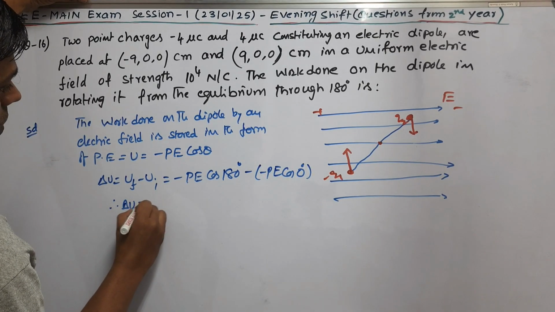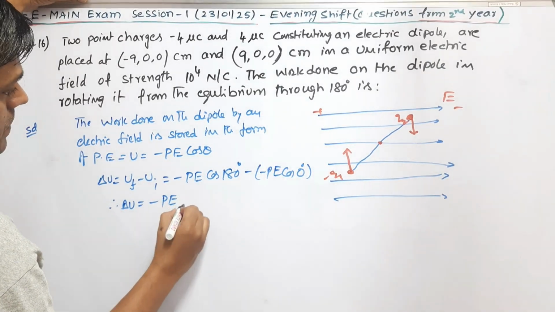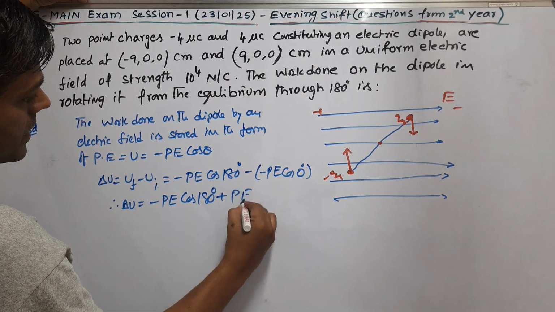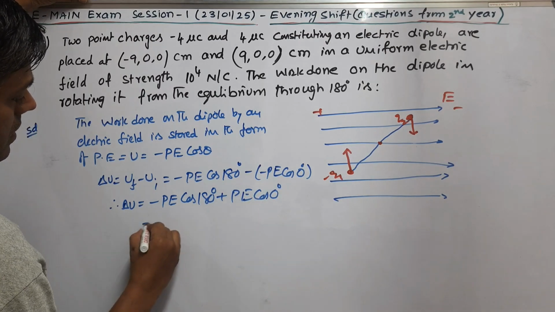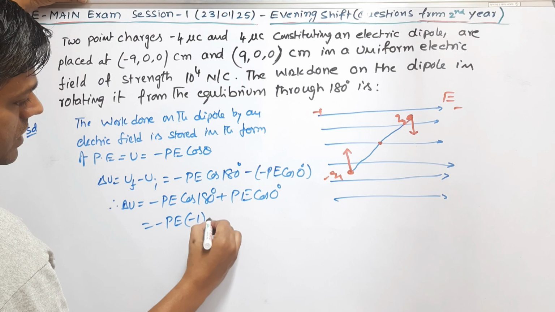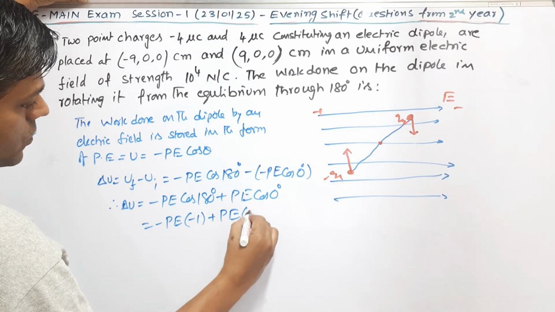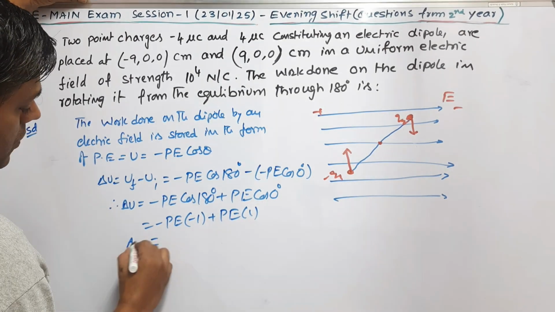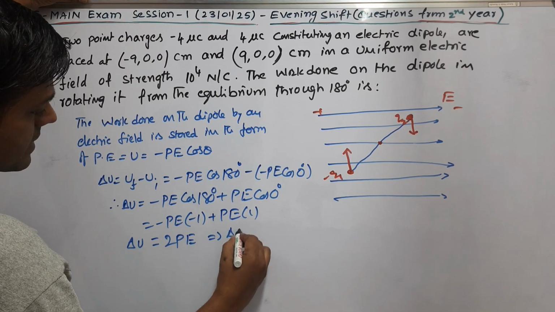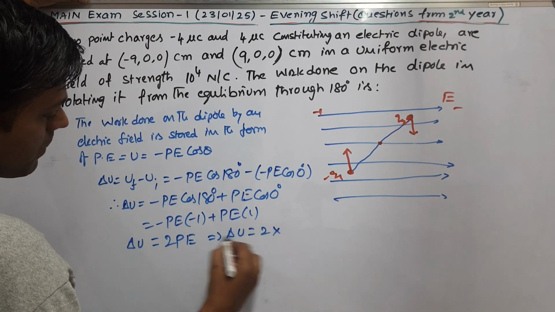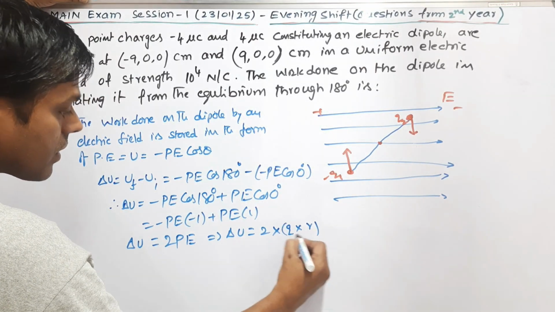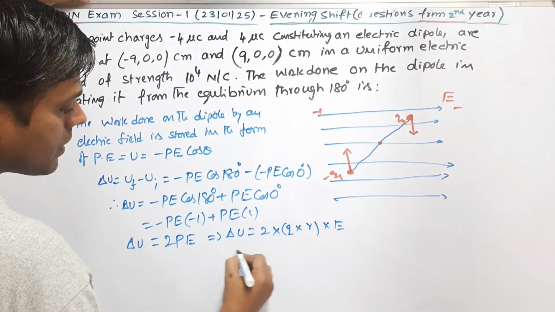Therefore, delta U is equal to minus P E cos 180 degrees plus P E cos 0 degrees, that is, minus P E into minus 1 plus P E into 1. So delta U equals 2 P E. That implies delta U is equal to 2 into P E, where P is equal to Q into R.